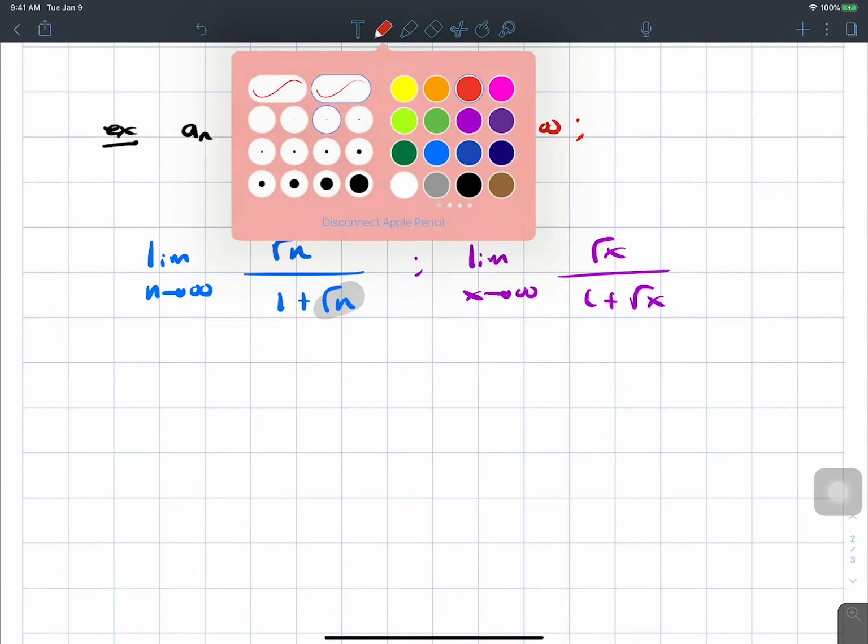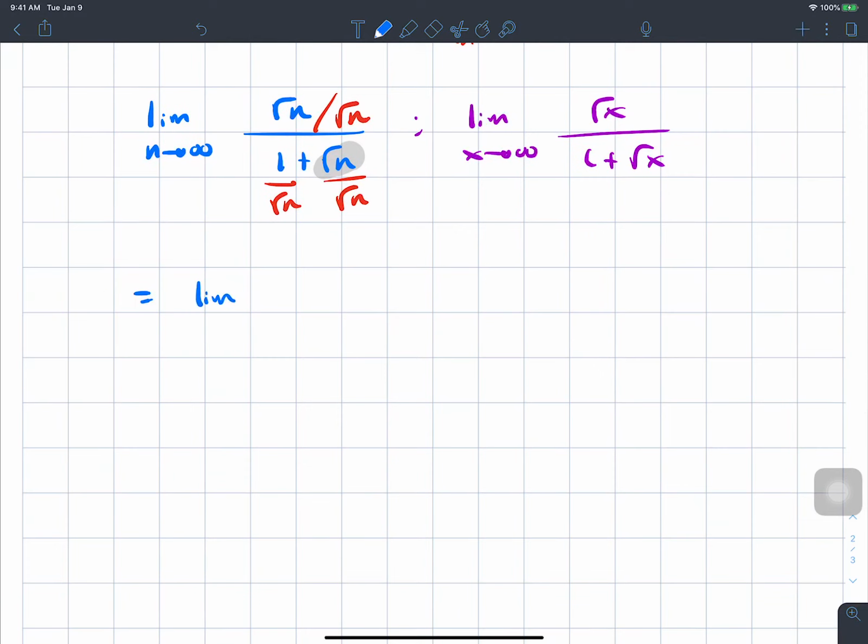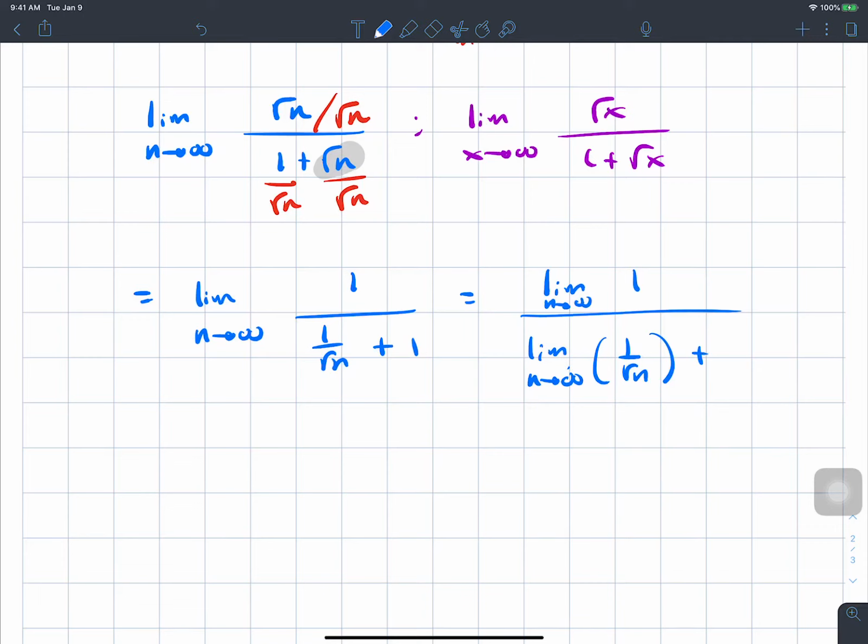So you're going to divide like we did before: square root of n, square root of n, square root of n. So you'll have the limit as n goes to infinity of 1 over 1 over the square root of n plus 1. And again, by properties of limits, I'll do every detail again. The limit of a constant as n gets big. The denominator is a sum, so it's the limit as n gets big of 1 over the square root of n plus the limit of 1 as n gets big.